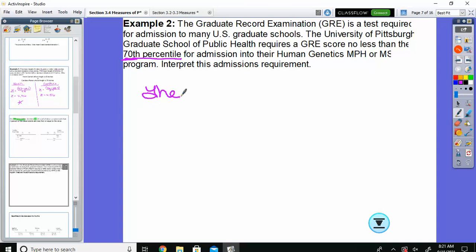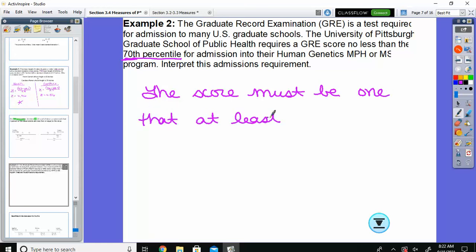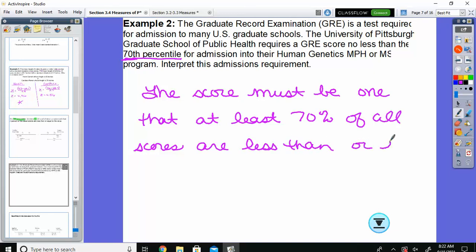So you must have a score so that at least 70% of all other scores are less than or equal to yours.